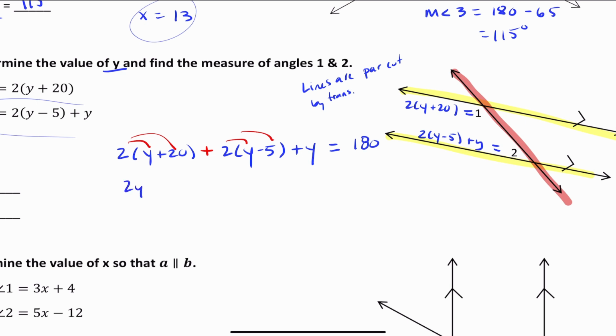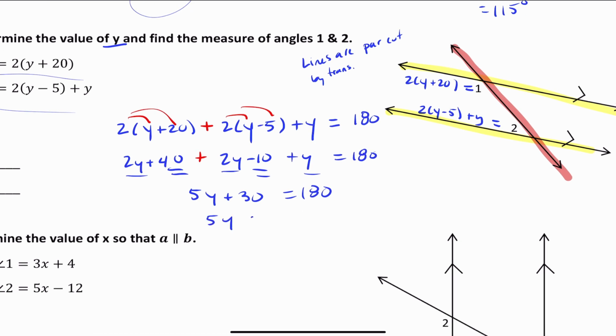So I get 2y plus 40, plus 2y minus 10 plus y. Combine like terms, so I get 5y plus 30 is equal to 180. Then I subtract 30 from both sides, so I get 5y is equal to 150, right?